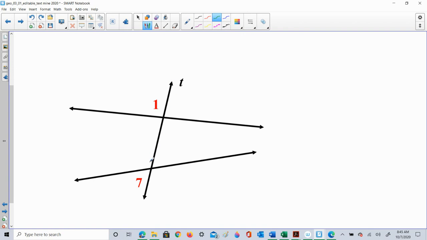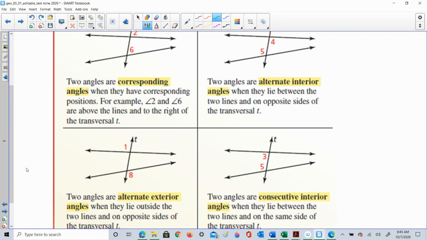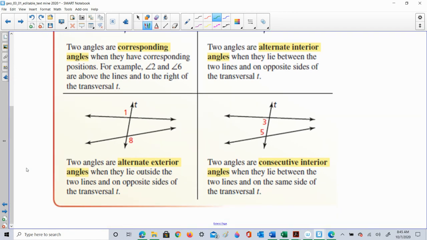Same side of the transversal, outside of the two given lines. 1 and 7 are on the left of the transversal. They're both not on the interior of the two given lines. And there's a little diagram of that that comes from your textbook. Same things that I was talking about.